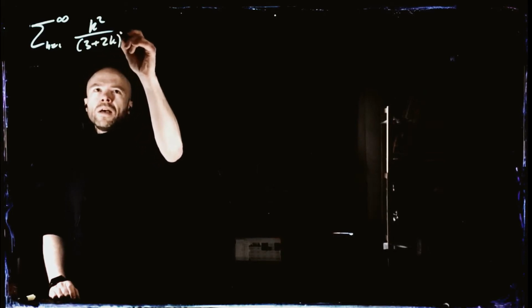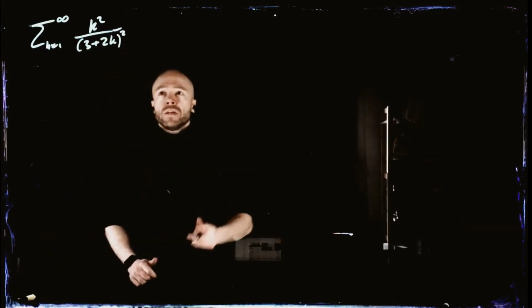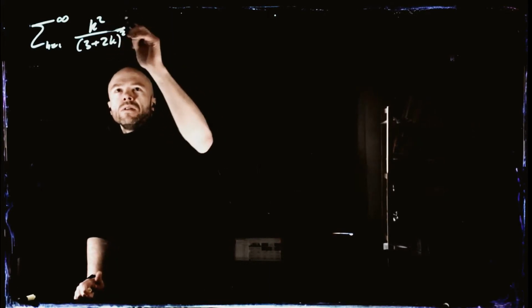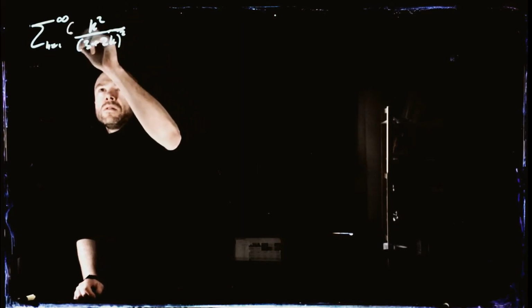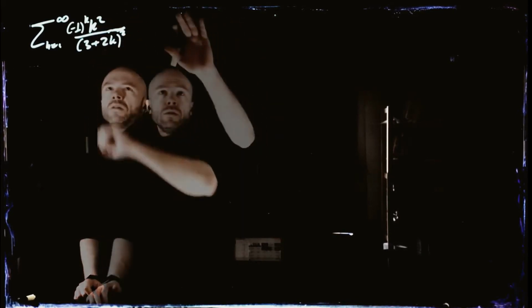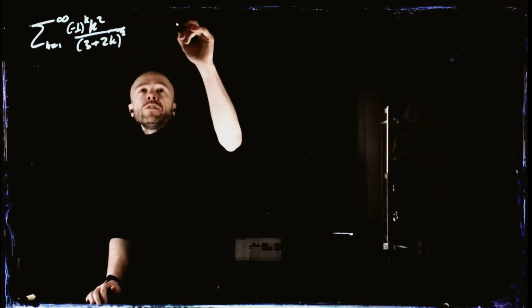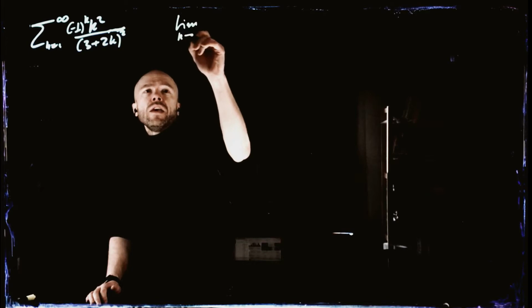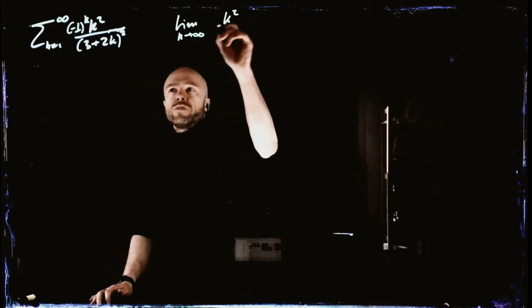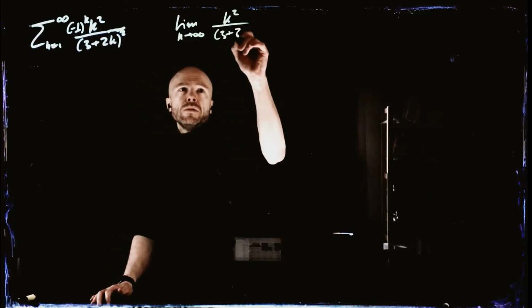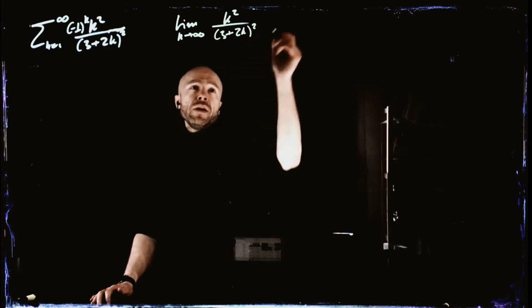I hope this was what I had, right? So, oops, (-1)^k. Okay, good. So if we are looking at these terms, look at this, the limit as k tends to infinity of k squared over 3 plus 2k squared, right?